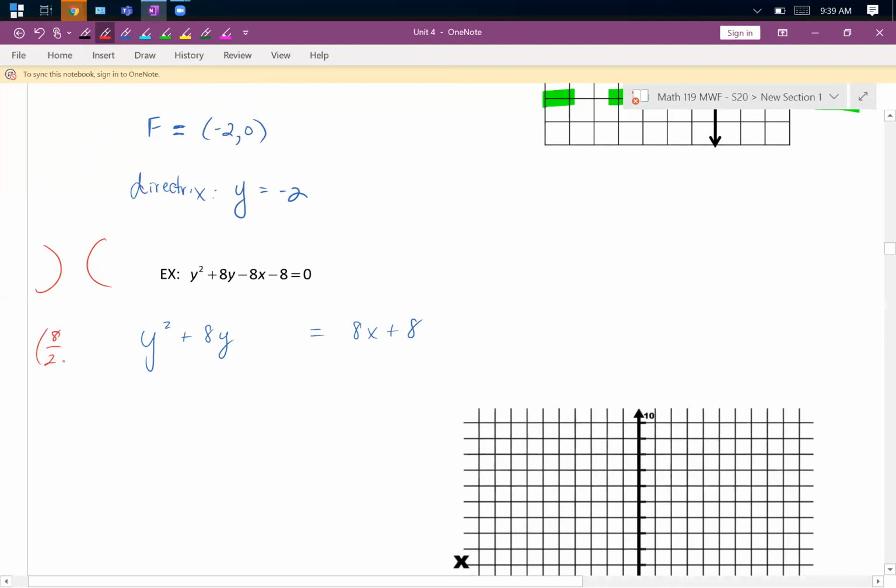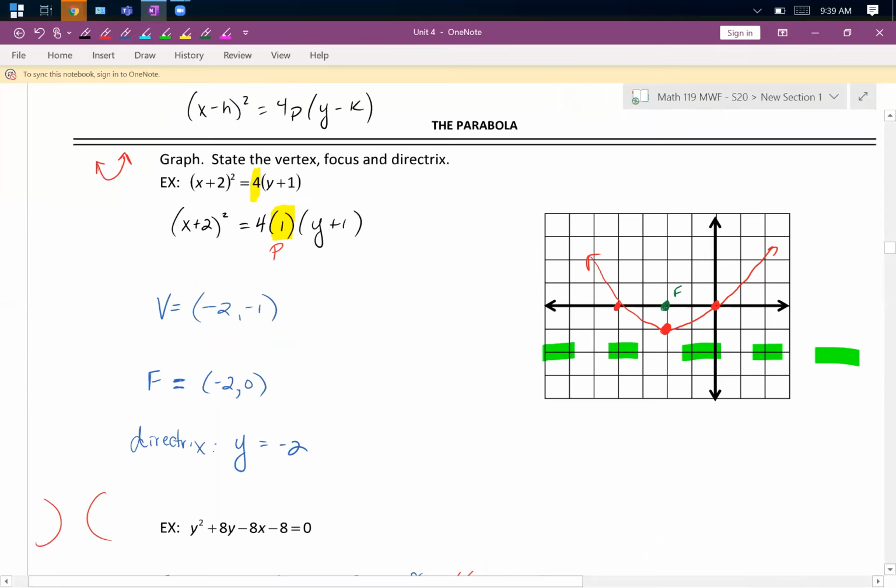8 divided by 2 squared. We're going to add 16 to both sides. It's going to give us a y plus 4 quantity squared on the left and 8x plus 24 on the right.